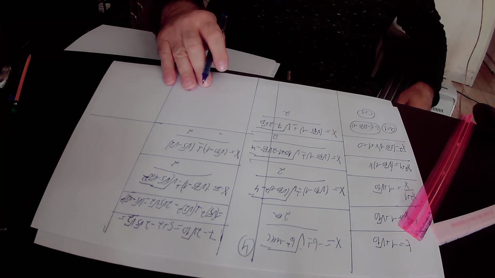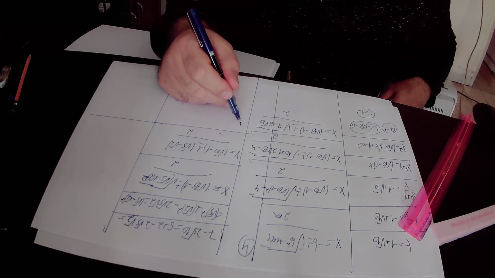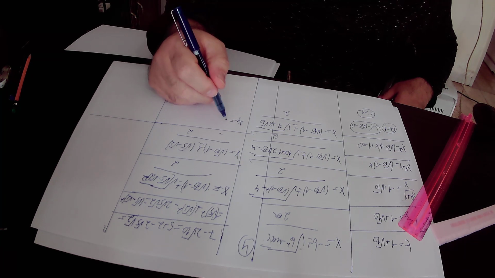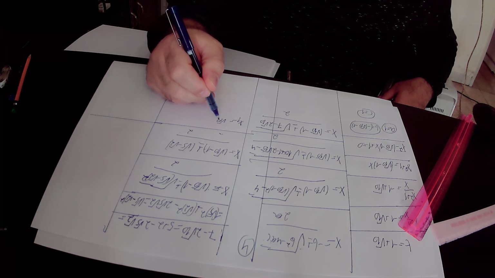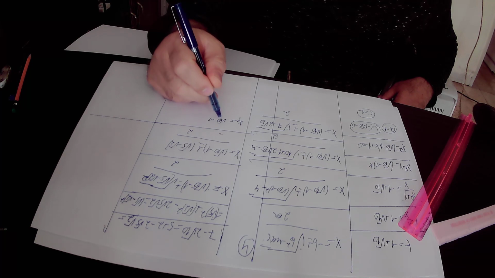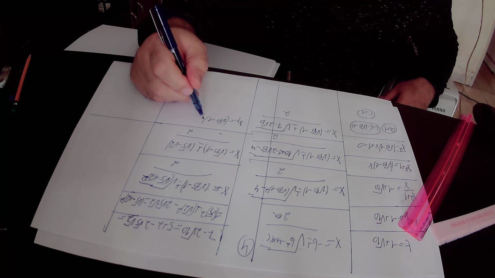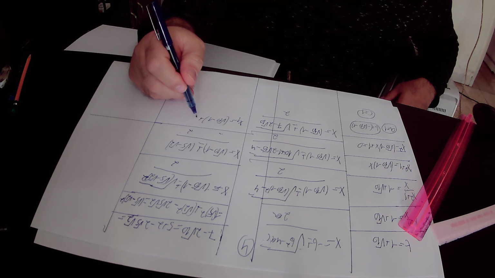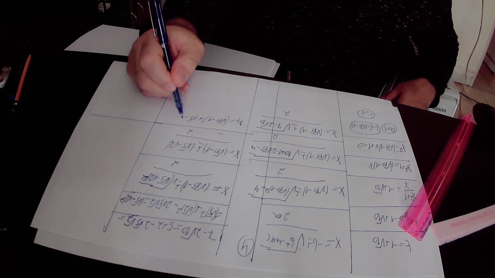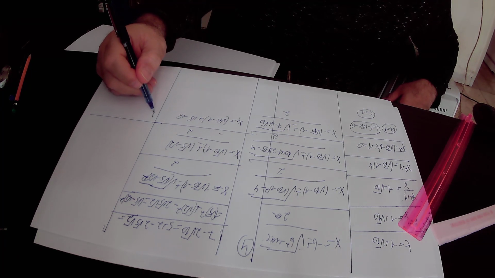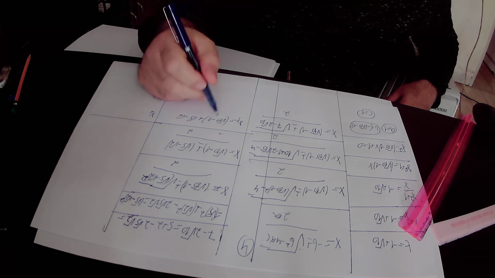The first solution is x1 equals square root of 10 minus 1 plus square root of 5 minus square root of 2, all divided by 2 of course.